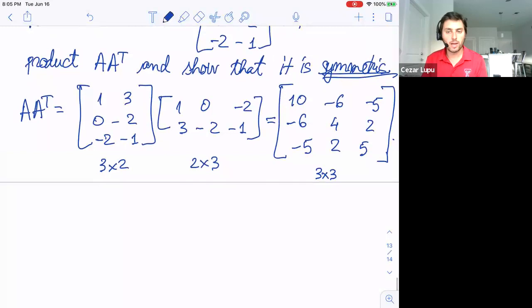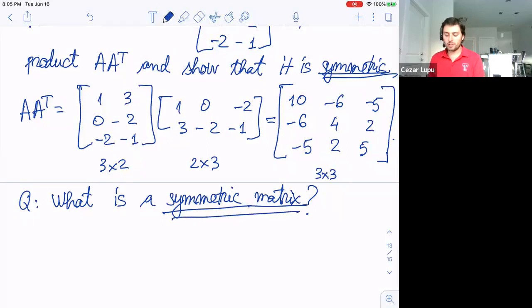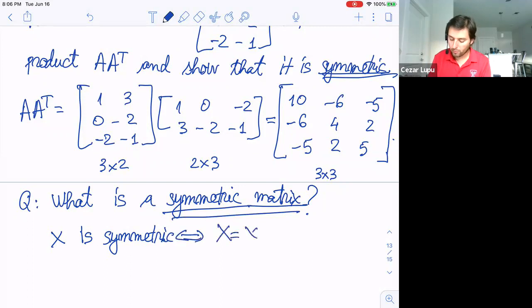Now, I want to show that this matrix is symmetric. So the question is, what is a symmetric matrix? That is the question I want to answer. A matrix is symmetric if and only if it equals its transpose. So X is symmetric if and only if X equals X transpose.